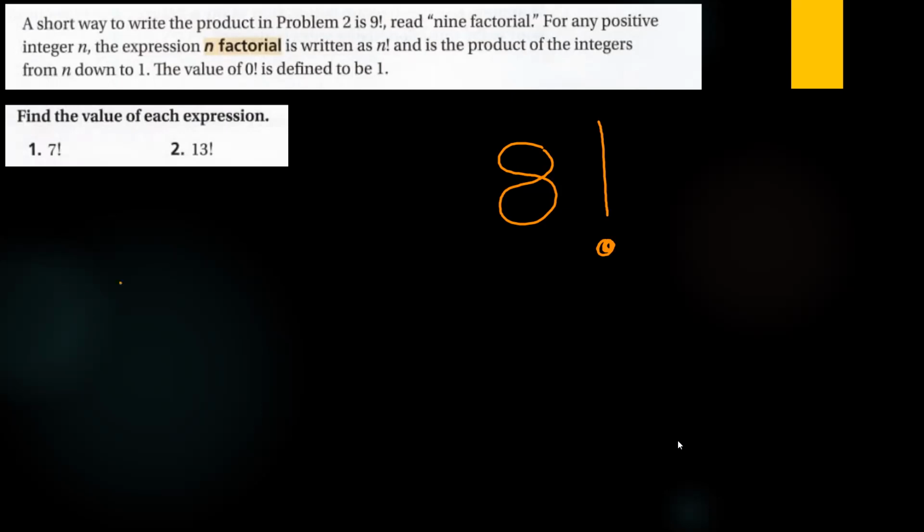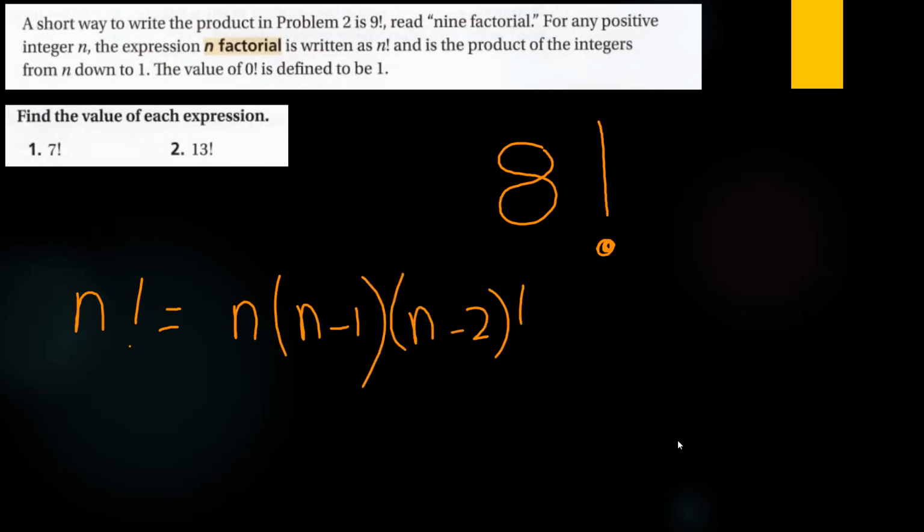By multiplying. Or you can say the general formula, n factorial, is n times n minus 1 times n minus 2 times n minus 3, up to reach 0. And 0 factorial is 1.